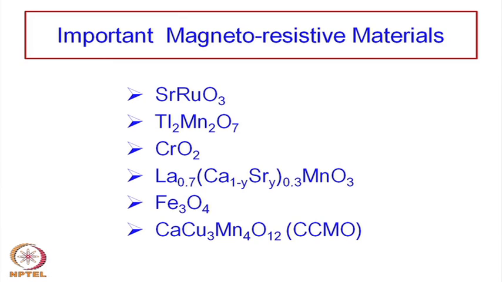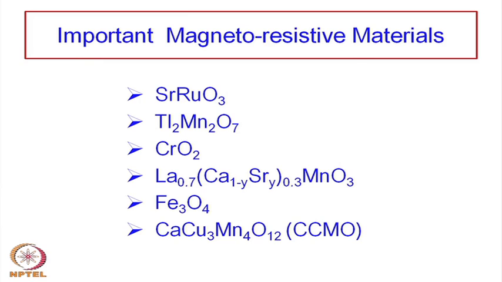These are some of the oxides, when you talk about ceramics, which have appreciable magnetoresistive effects: strontium ruthenate, thallium manganate, chromium oxide, then lanthanum manganite, LaMnO3, which is a good semiconductor or electronic conductor, with substitution of calcium and strontium.